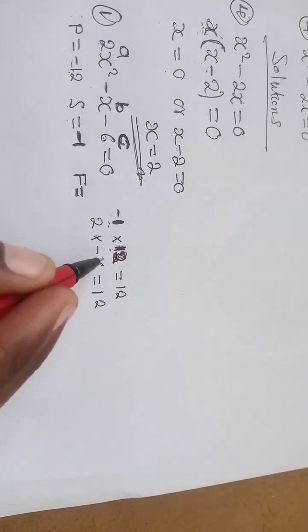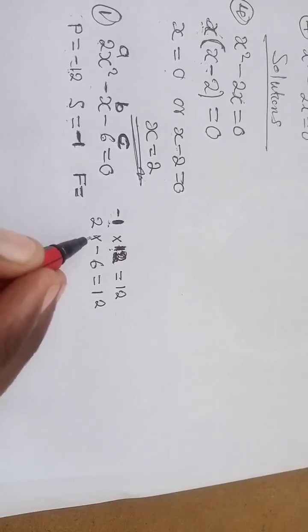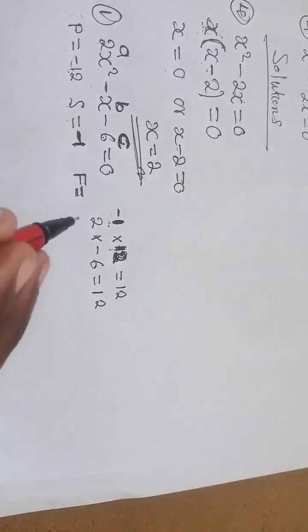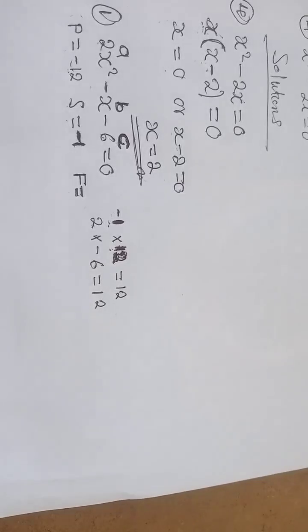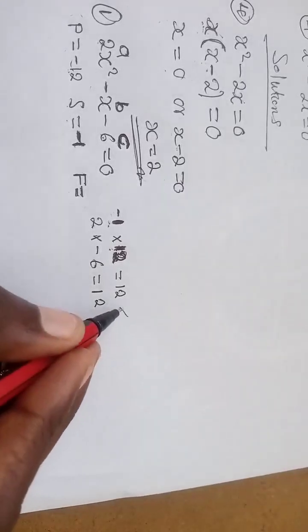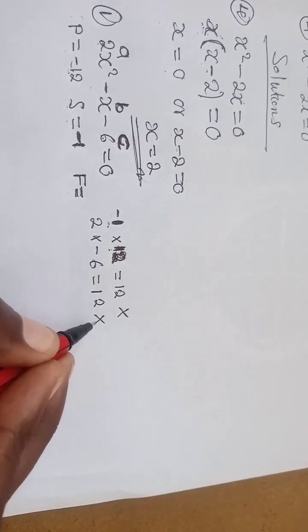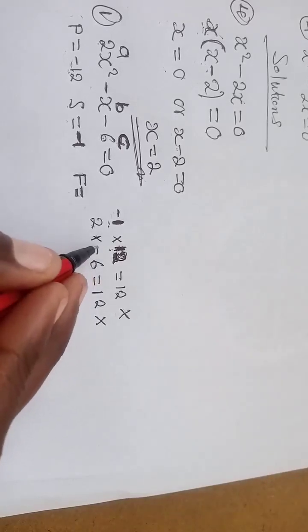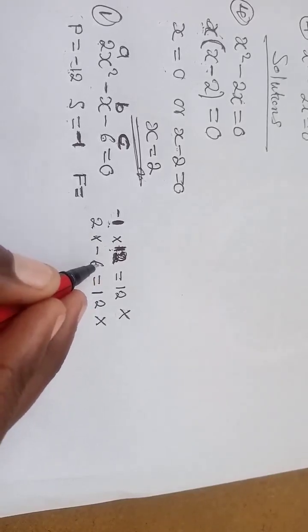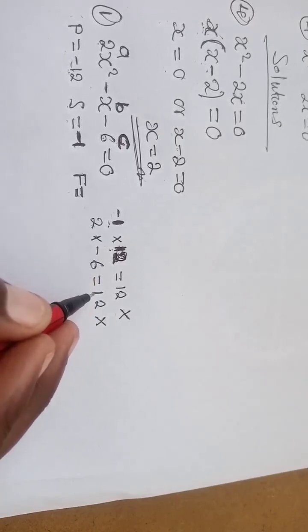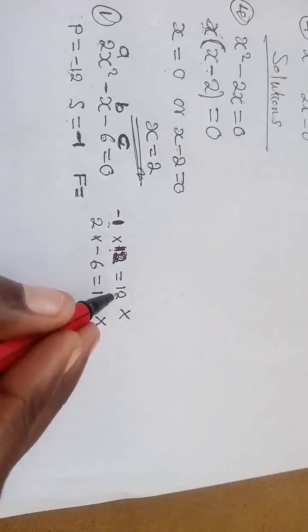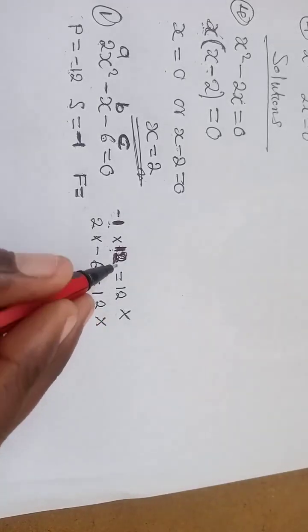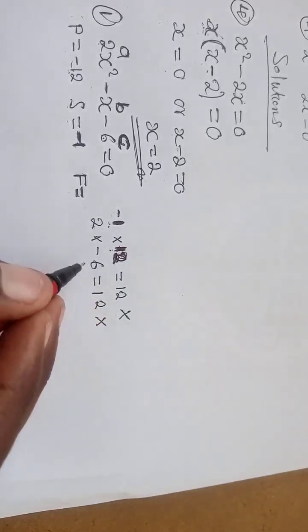But when we add these numbers, are they going to give us -1? Let's say 2 plus -6. No. When you add 2 minus 6, it is going to give you -4. So these two are disqualified.